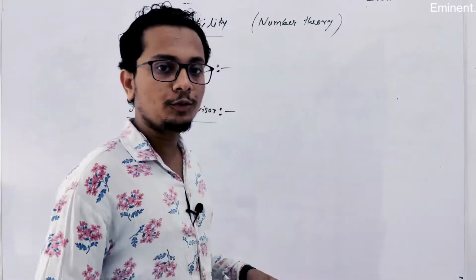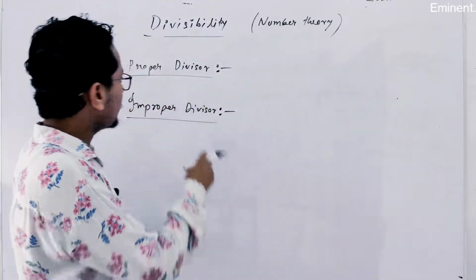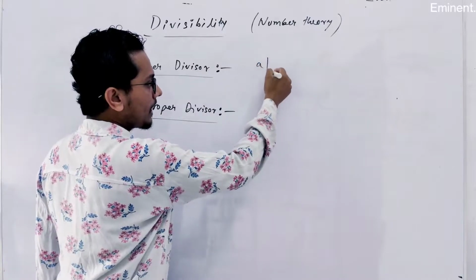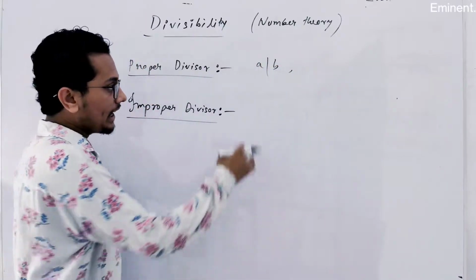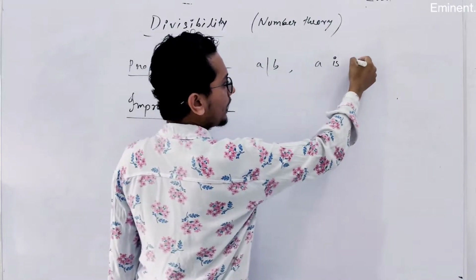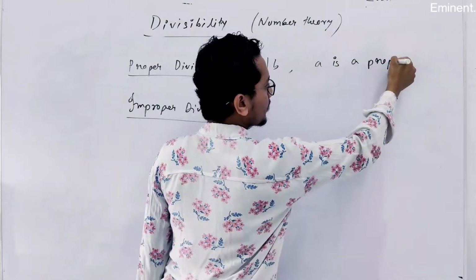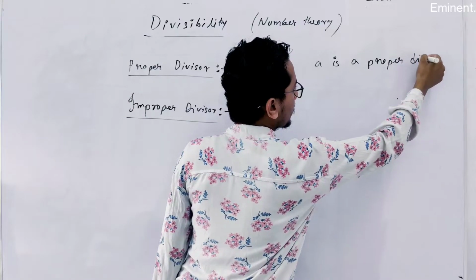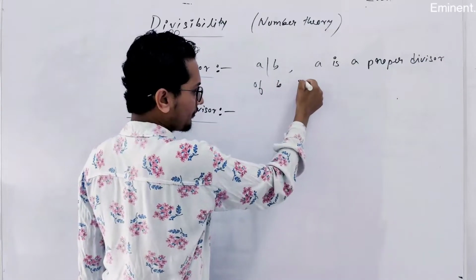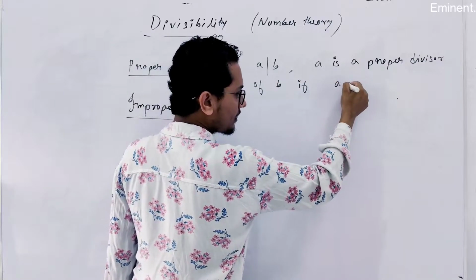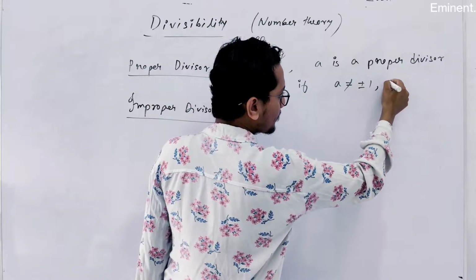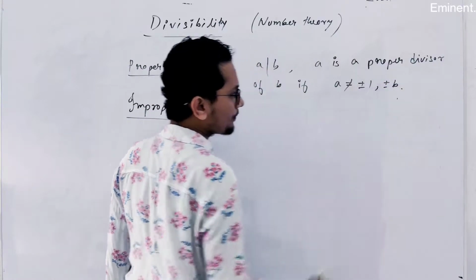Let me explain about two more important definitions, that proper divisor and improper divisor. Okay, for example a divides b. Okay, a is a proper divisor of b if a is not equals to plus minus 1 comma plus minus b.